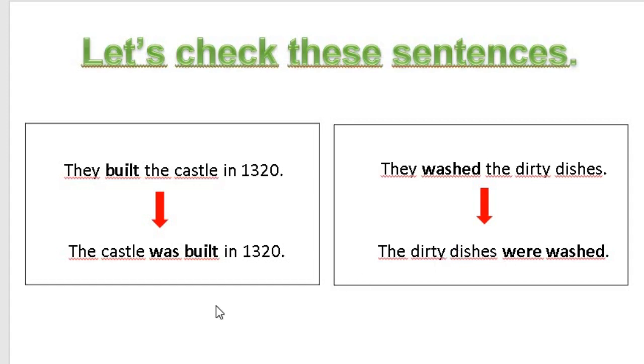The dirty dishes were washed. If the word was singular here, then we would say was washed. But here it's written dishes. So it is plural. And we want to make it past passive. So we used were washed.